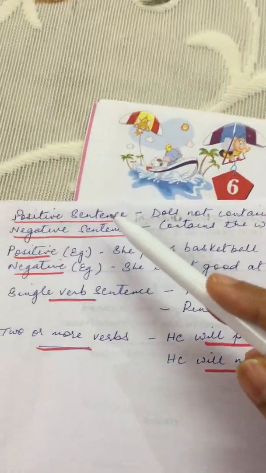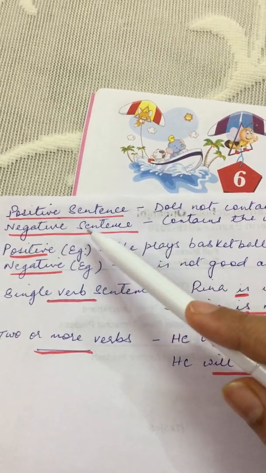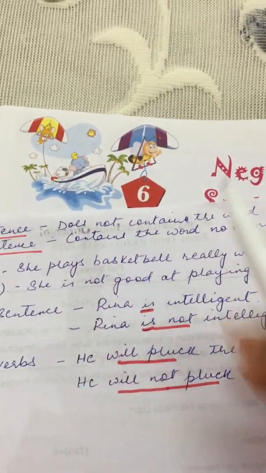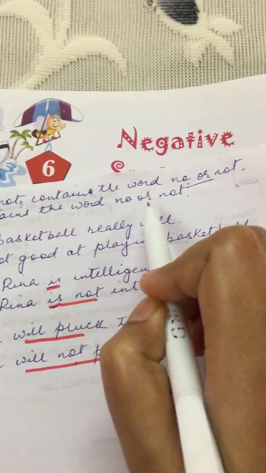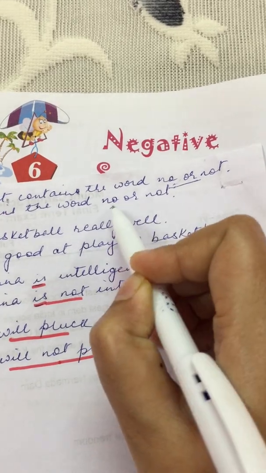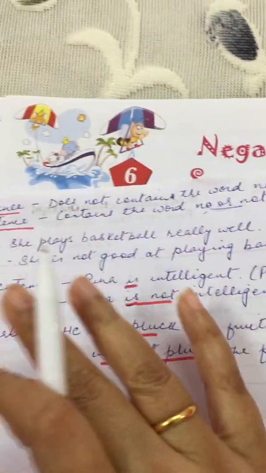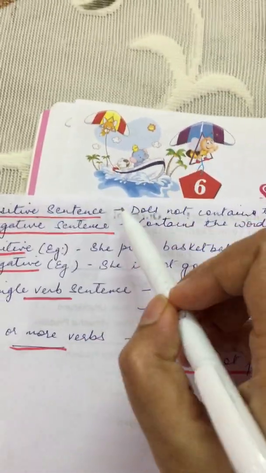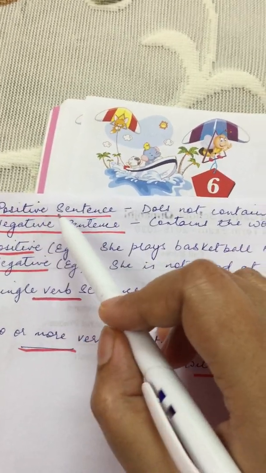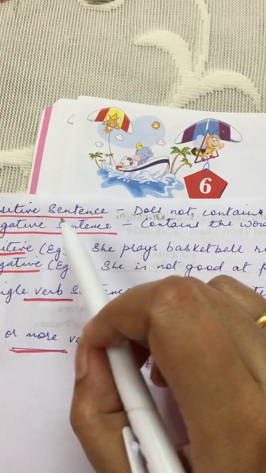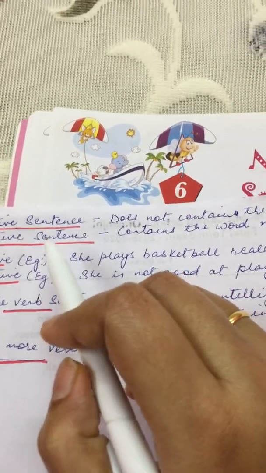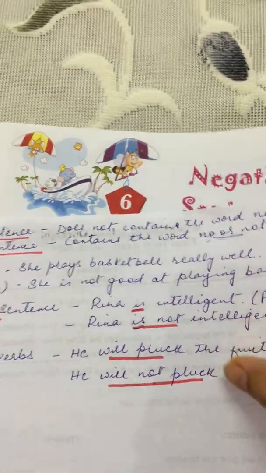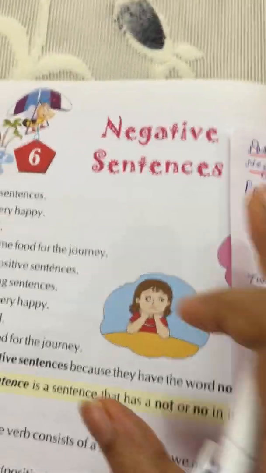This is the difference between positive and negative sentence. A positive sentence does not contain the word no or not, and a negative sentence does contain the word no or not. So this much you should know. You should understand the difference that a positive sentence does not contain no or not, and a negative sentence contains the word no or not. This is the basic thing.